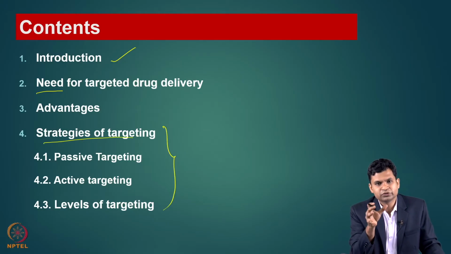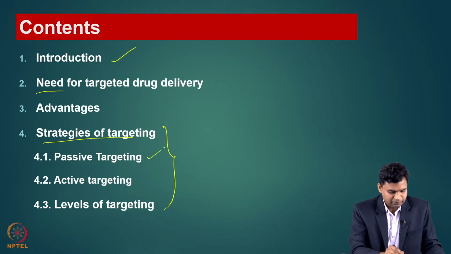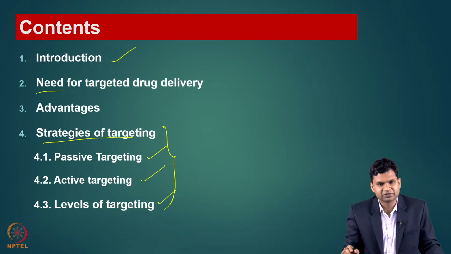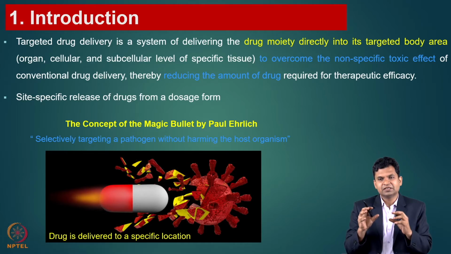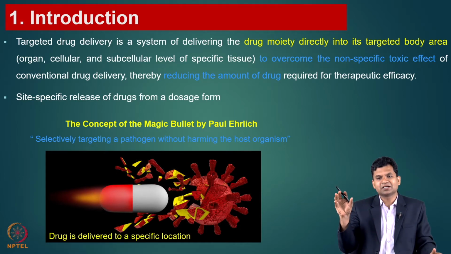Today we are going to see a few major targeting systems, which are passive targeting, active targeting and the levels of targeting. As we know, targeted drug delivery is a system of delivering the drug moiety directly into its targeted body area. Now, think about the statement.